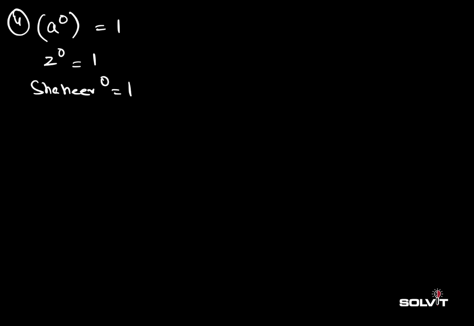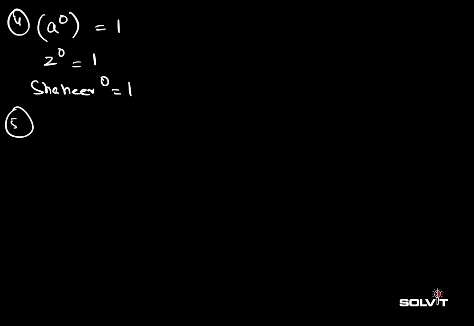Alright, let's move on to the fourth rule, that is, if a is the base and the power is 0, then it is always 1. Anything to the power of 0 is 1. Let's suppose z to the power of 0 is 1, and Shahir to the power of 0 is 1. Alright, so anything to the power of 0 is always 1.